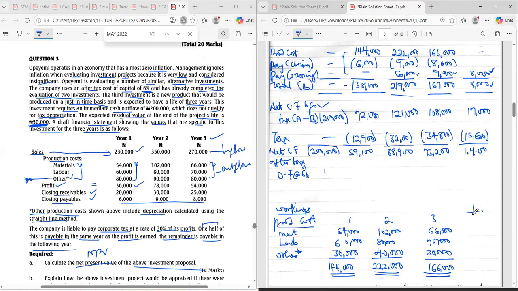The formula is 1 over 1 plus r to the power of n. Give me figures. It's 6%. Put it in this formula. What do you have? 6% year 1, 6% year 2, 6% year 3, 6% year 4.